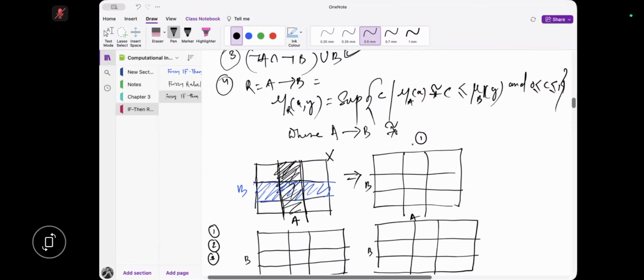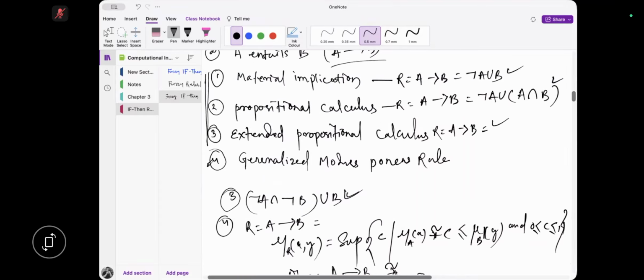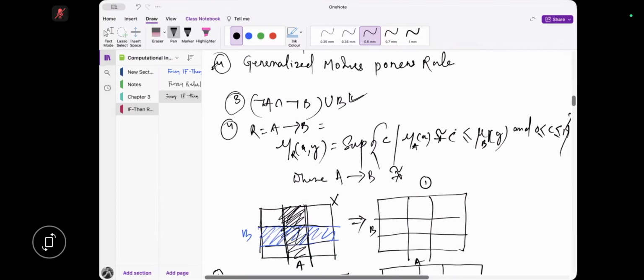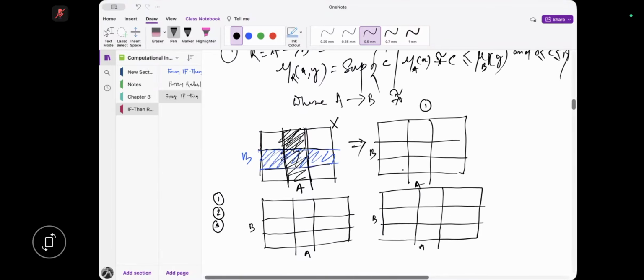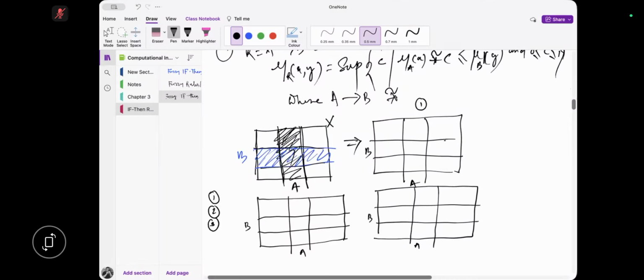Then find out for equation 1. Equation 1 is negation of A union B. You have to find out what zone will be colored or marked. Similarly, for the second equation and the third, you have to identify the zone. So take 5 minutes, analyze and draw the diagram.